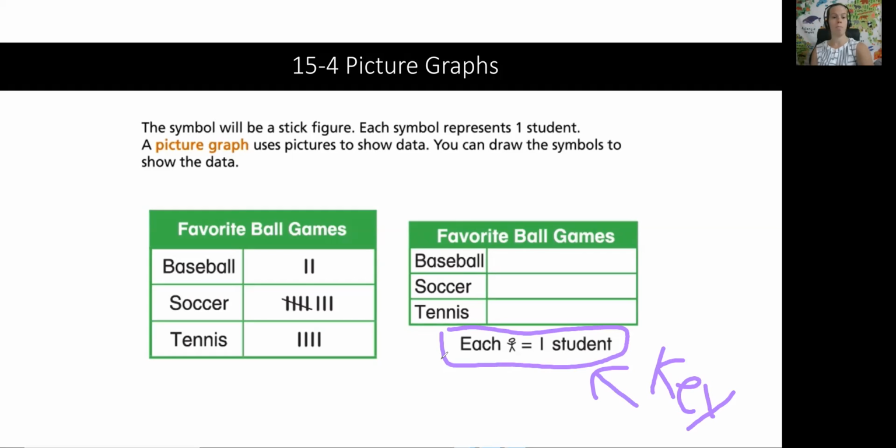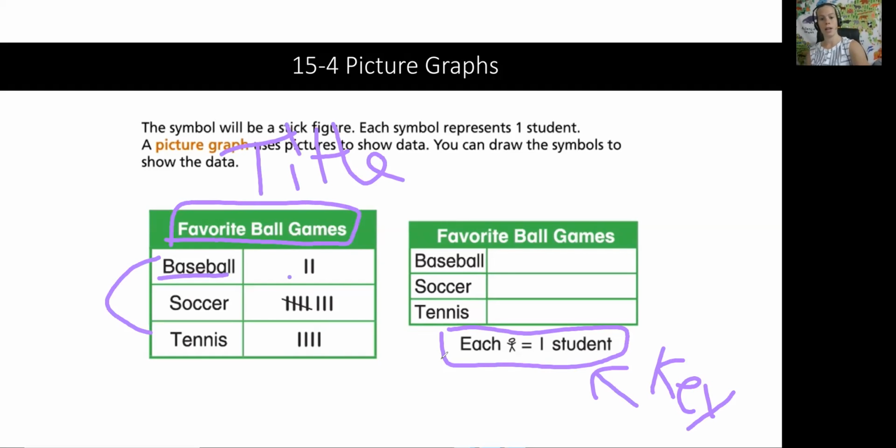All right, so for baseball, favorite ball games is our title. I'm going to point that out so that you're used to looking at the title. And here's our labels. Baseball has 2. So I should draw 2 little stick figures. Oh no, this is going to be rough, y'all. Oh wow. It's really hard to do on here.